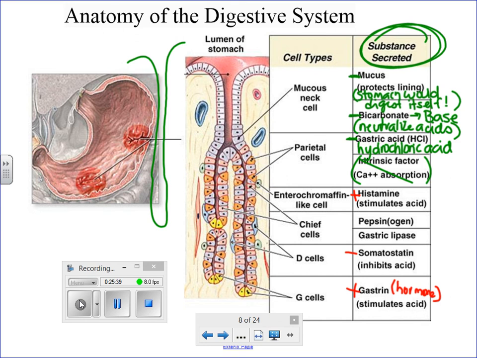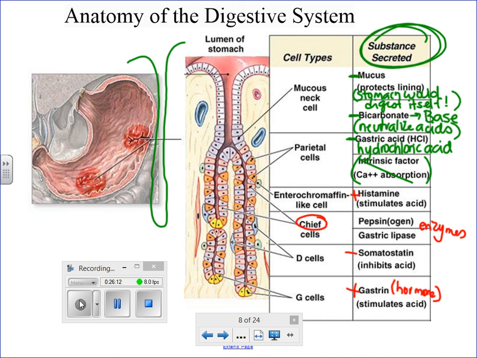Now the other two things, and I love the name of the cells they come from, the chief cells, kind of like they're the boss of what's happening. These two things are enzymes. So pepsin, and then it has ogen in brackets. The reason it's written like that is because it's called pepsinogen until it meets up with acid.